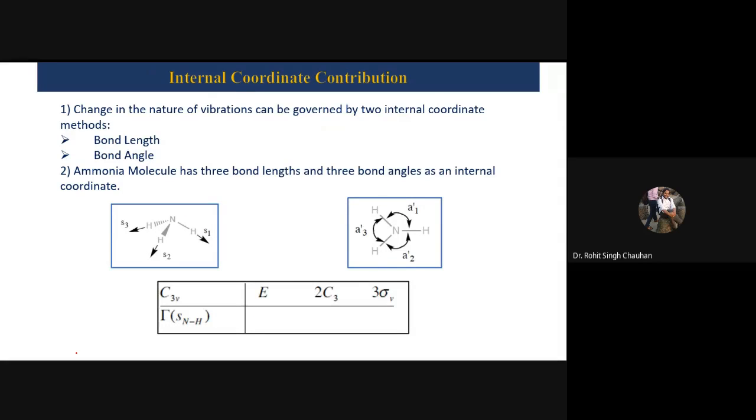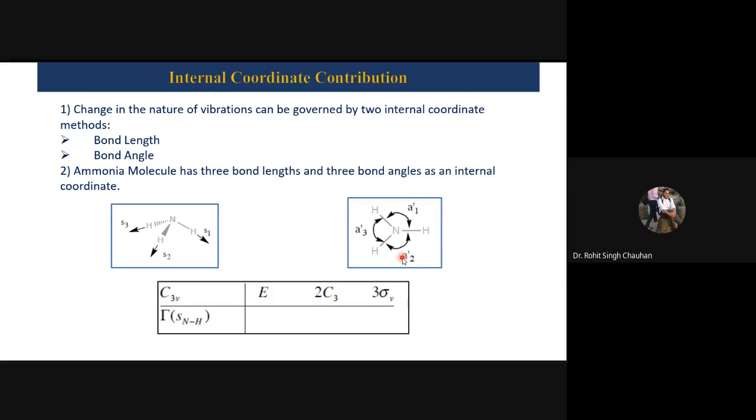Okay, so as I told you, our responsibility now is that we came to know how many internal coordinates are available in the case of the ammonia molecule. One is bond length, another is bond angle. In the angles, I have given the representation A1, A2, and A3. If you want, you can write it as θ1, θ2, θ3. It all depends on which notation you are going to use.